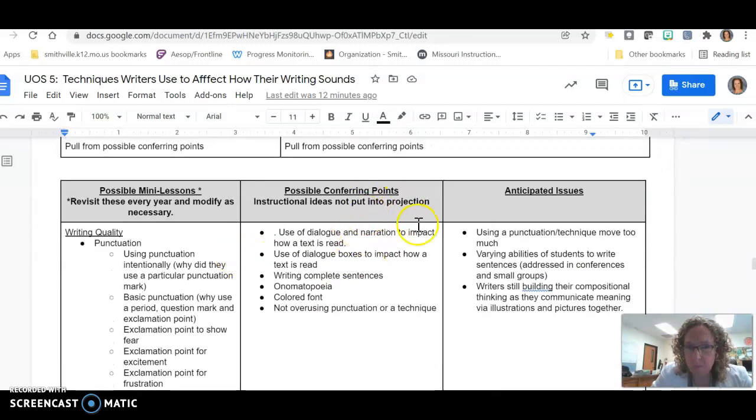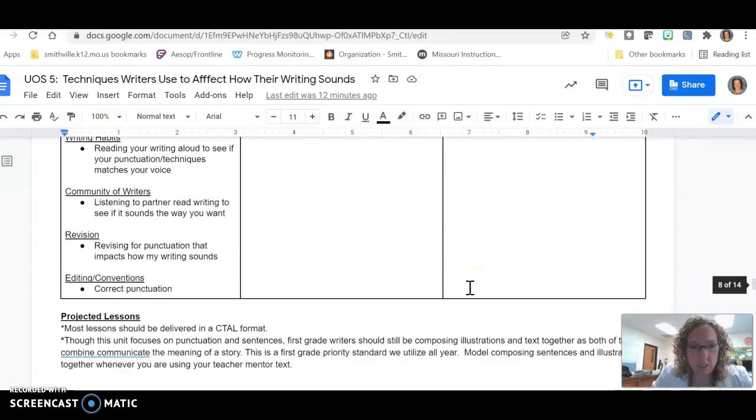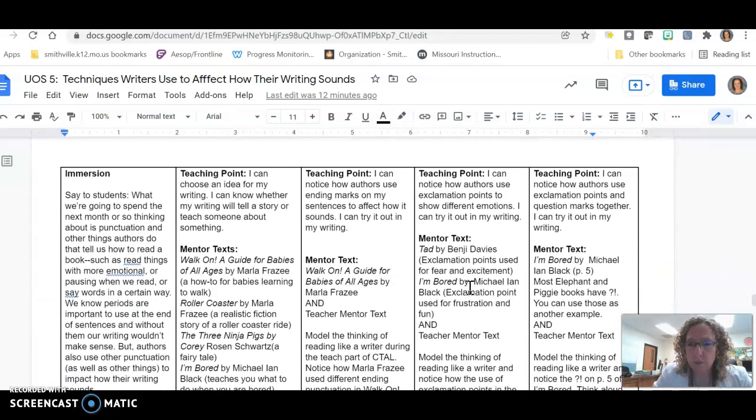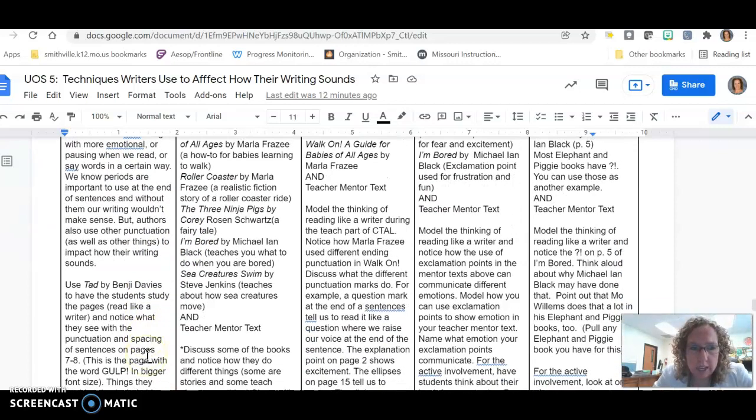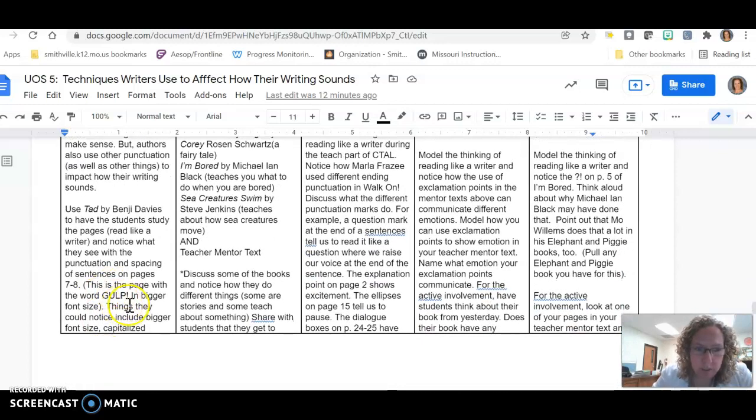All this is the same: possible conferring points, anticipated issues that you've seen in other units, and then these are your projected lessons. You start with that immersion day. In that immersion day, you're going to be reading Tad by Benji Davies, really modeling reading like a writer and noticing what he does in his writing. And there are some things we mentioned here that impact how his writing sounds. That could be ending punctuation marks, exclamation points, question marks, things like that. It could also be ellipsis. It could be capital letters.